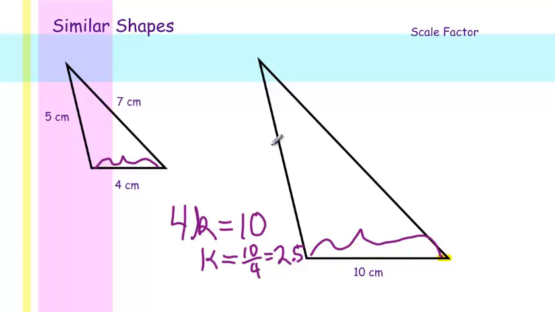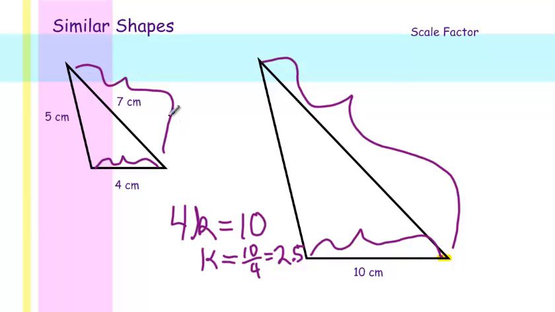Well, let's say I want to find the length of this long side here. Well, that length corresponds to the 7, the length of this triangle. So the new length of the larger triangle is going to be 7 times the scale factor, which is 2.5, and 7 times 2.5 is 17.5 centimeters.